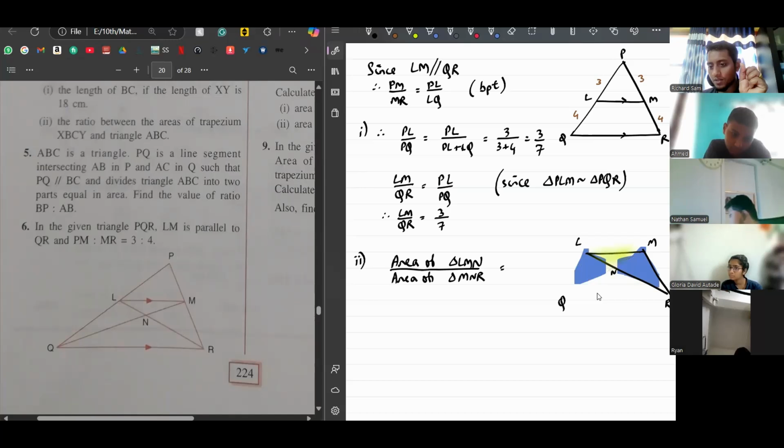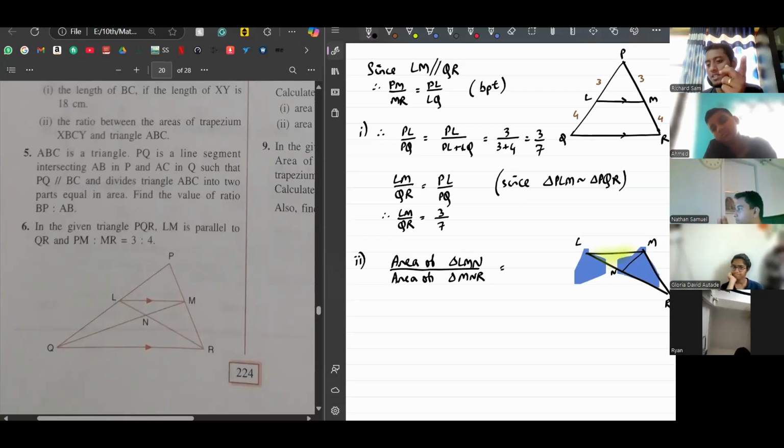Erase out everything that you don't want. Keep only what you need. These are the two triangles we are comparing. Any relationship between these two triangles, LMN and MNR? No? Yes?